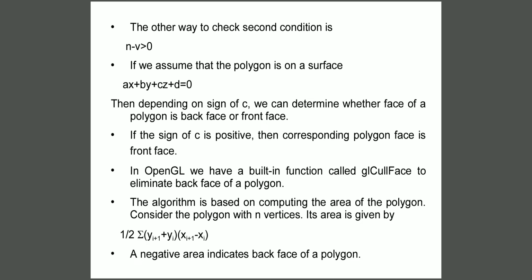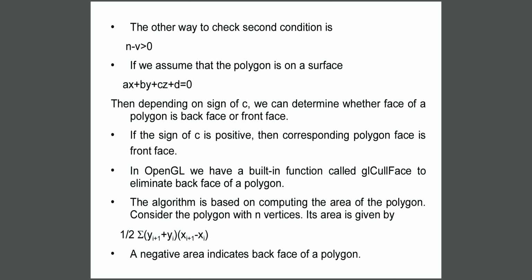Other than considering a theta value, there are some other ways to say whether a face of a polygon is visible to a user. If we assume that the polygon is on a surface ax plus by plus cz plus d equal to 0, then by considering the sign of the coefficient c: if the sign of c is positive, then we can say the face of the polygon is visible to a user.